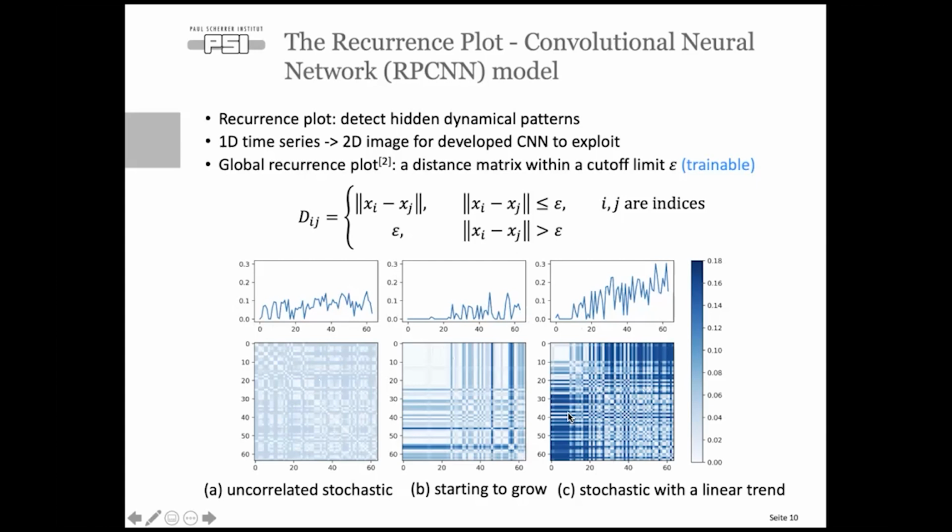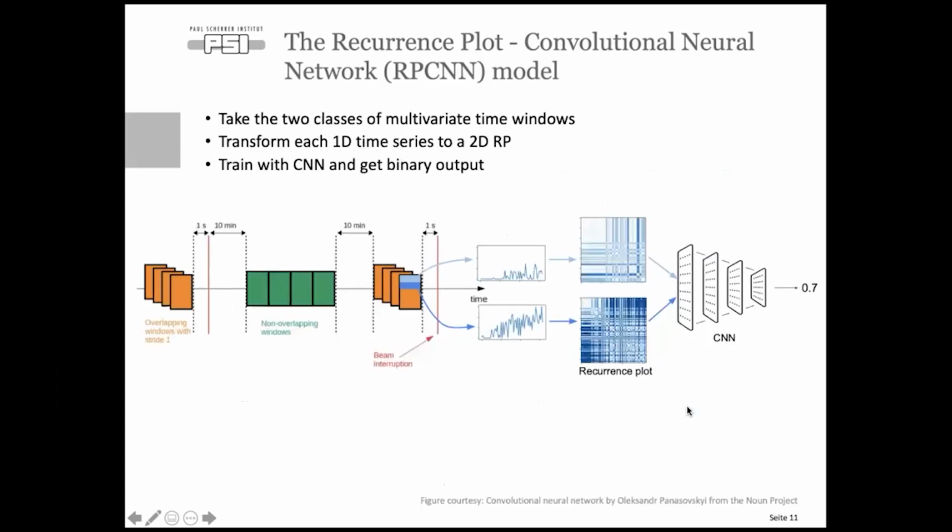Here you can see a lot of patterns growing, which are very different from the first one. If we feed those into a convolutional neural network, we can try to extract those patterns and find the differences maybe hidden when just directly looking at the time series itself.